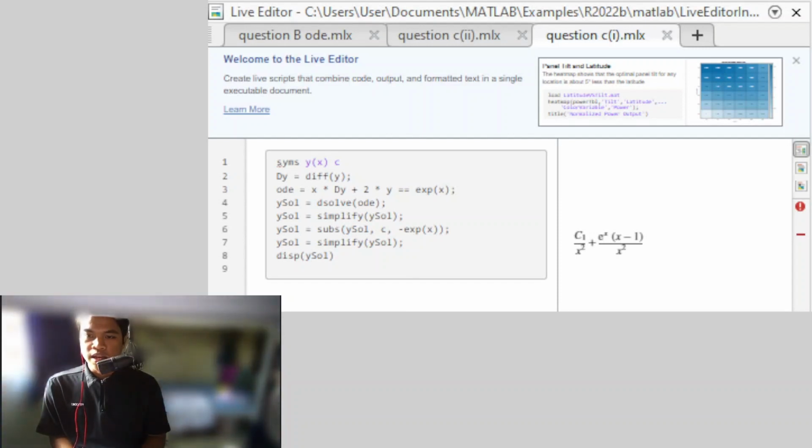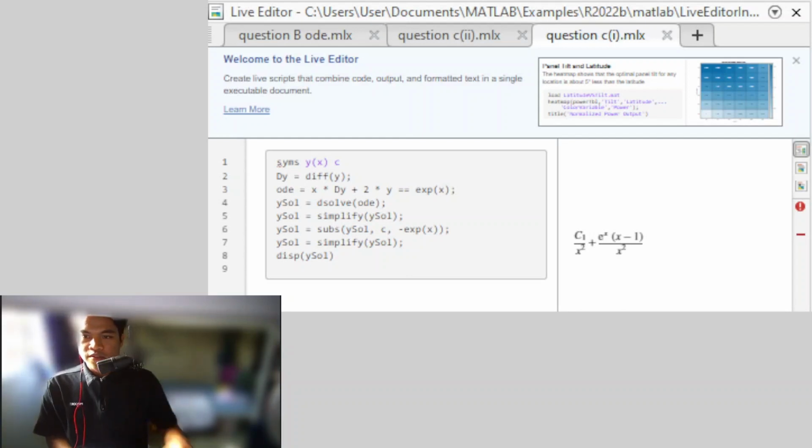The third line, ODE equals x multiplied by dy plus 2 multiplied by y equals exp(x), defines the ordinary differential equation.